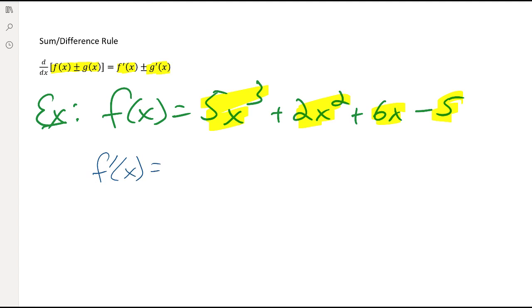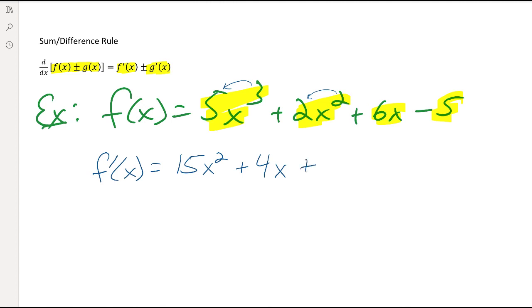What's the derivative of 5x to the third power? Well, the 3 comes out front and multiplies 5, and it gives us 15x to the second power. Plus, what's the derivative of 2x squared? 2 comes out front, multiplies the 2, and that gives us 4x to the first power. We're subtracting 1 from the power.